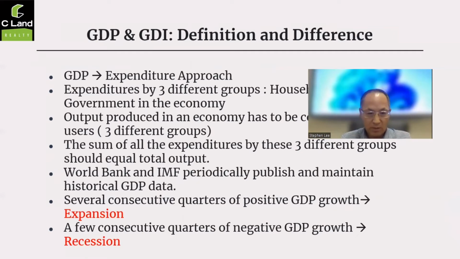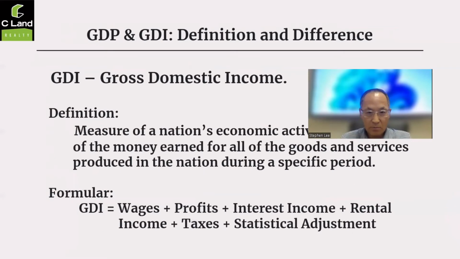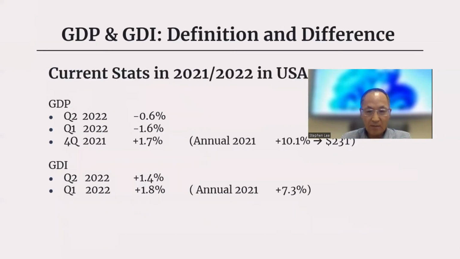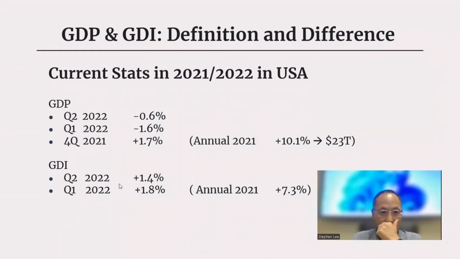Okay, two or three, a few. So if we apply that theory, see GDP in the first quarter and second quarter this year, both consecutive quarters, negative growth.